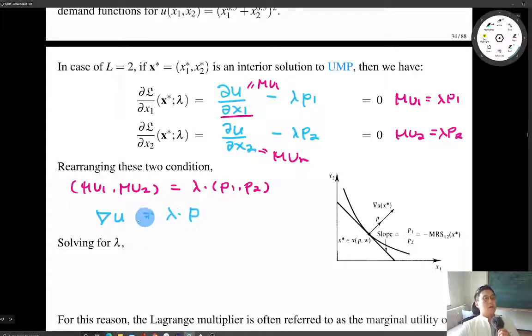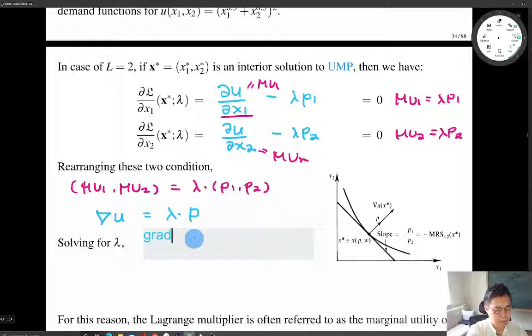All right, so the last condition simply tells us about the gradient. The gradient indicates the direction in which the function is increasing at the largest rate. So the gradient indicates the direction of steepest ascent.